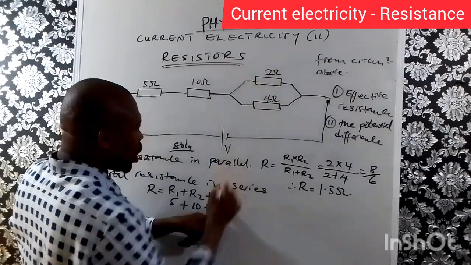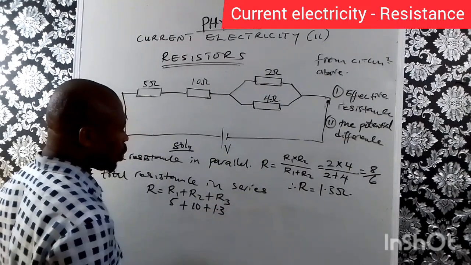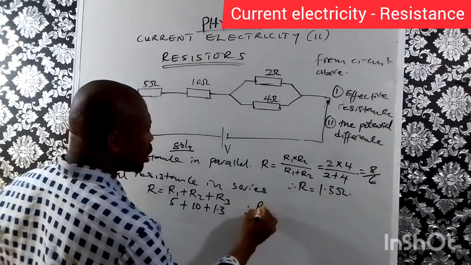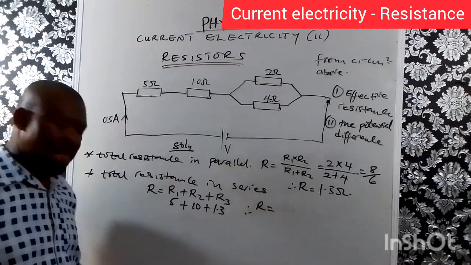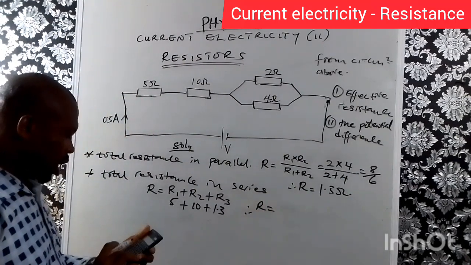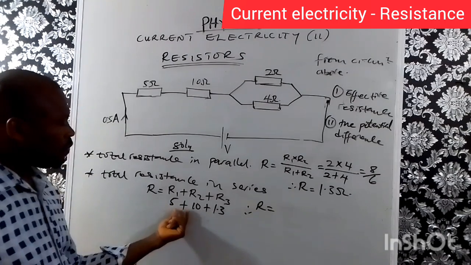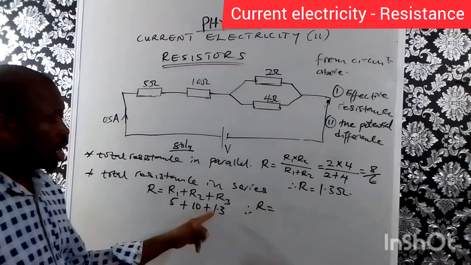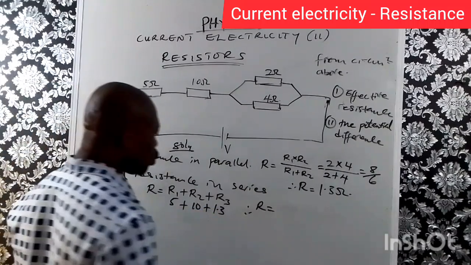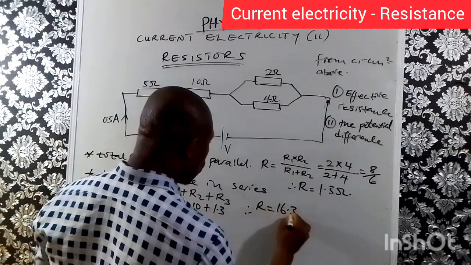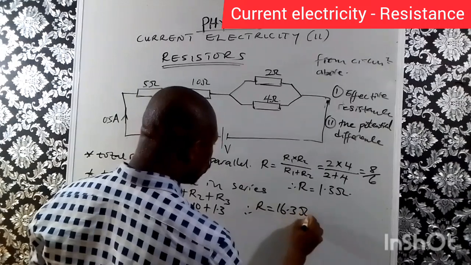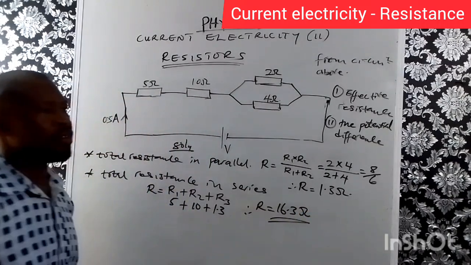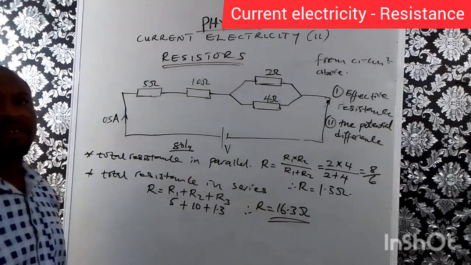The whole of this will now give us 1.3. At the end of the day, the resistance in the circuit will give us, of course, 5 plus 10 is 15 plus 1.3, which will now give us 16.3 ohms. And this is the resistance we have here.